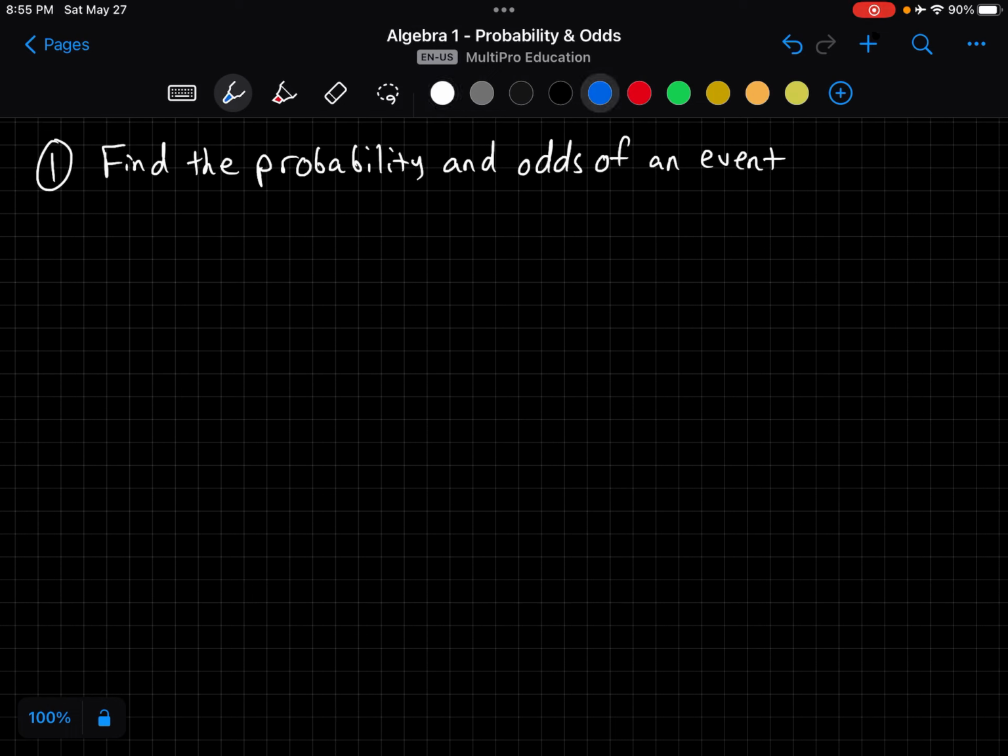So let's start with some definitions. Let's start with the definition of probability.